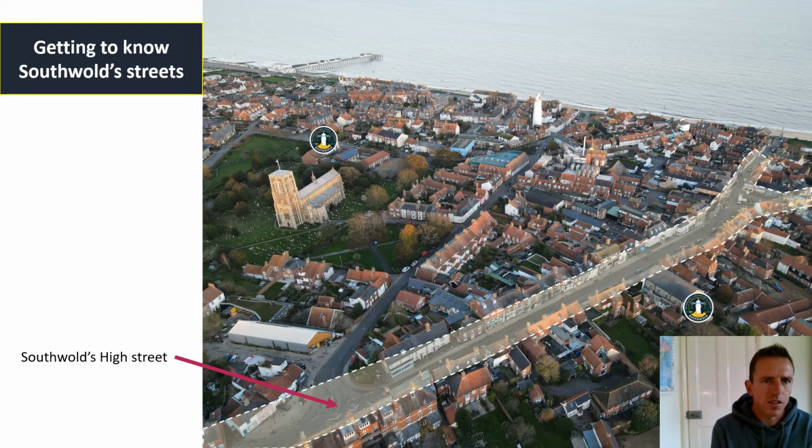Other things that are just useful for me to point out at this point as well, you'll be based in one of 2 different locations that we have in Southwold. The one that's just above the church there is our primary classroom. That's where we are mainly based, in Southwold Arts Centre there. And then the other one just above my head is on the High Street. It's in a place called the United Reformed Church.